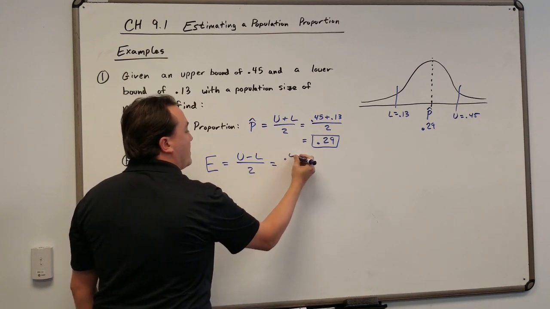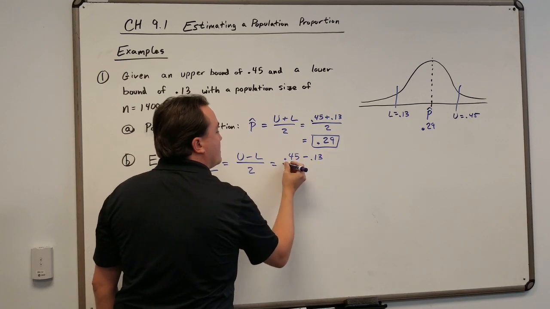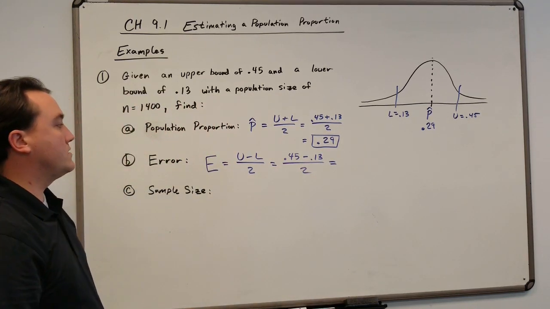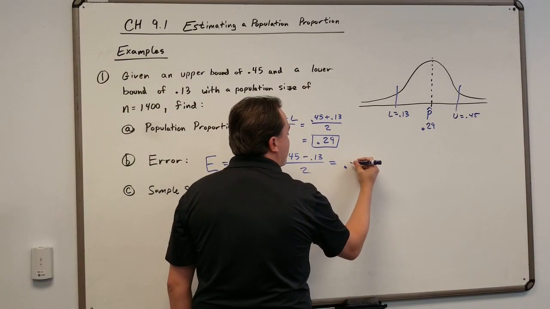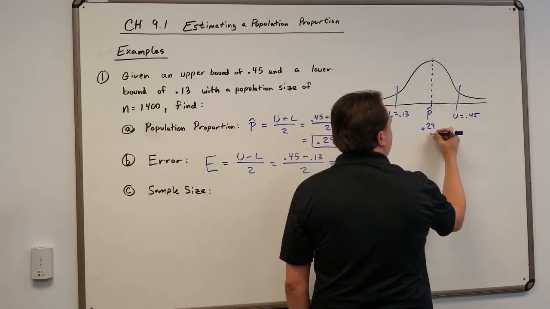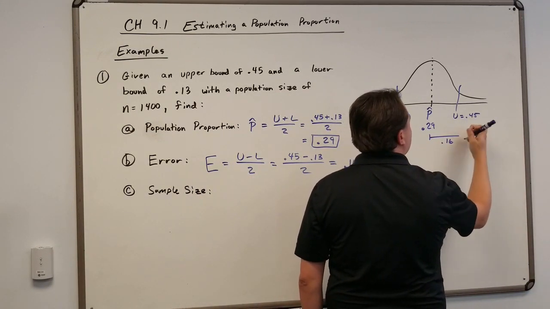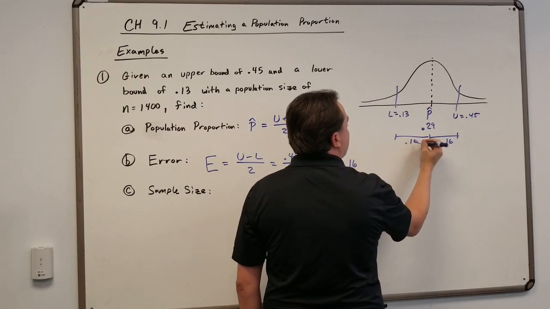So 0.45 minus 0.13 divided by 2, which is 0.32 divided by 2 is 0.16. And we can verify that too. So this is going to be 0.16 up. And this is going to be 0.16 down. Right?